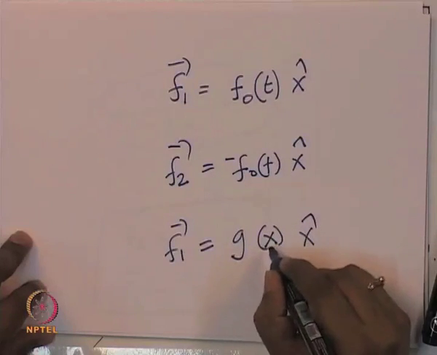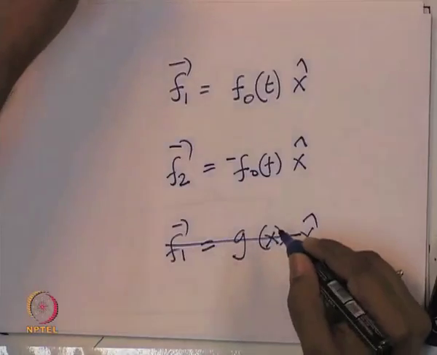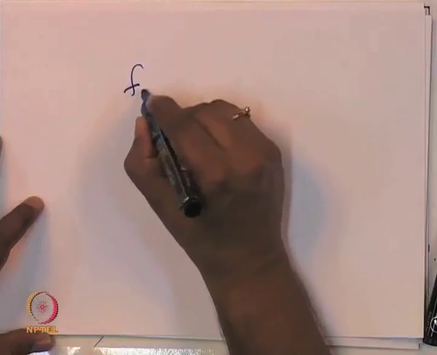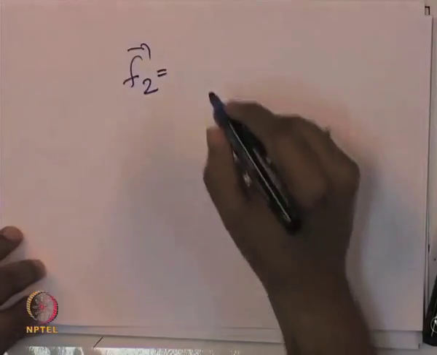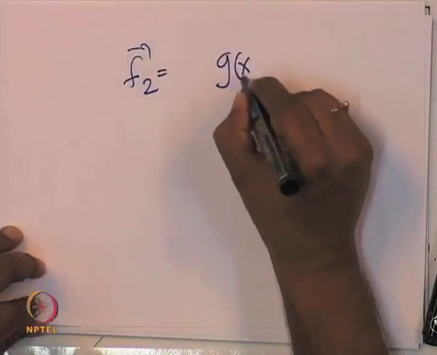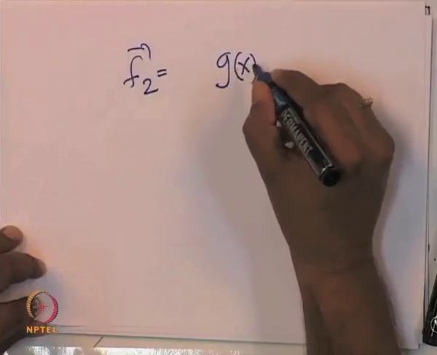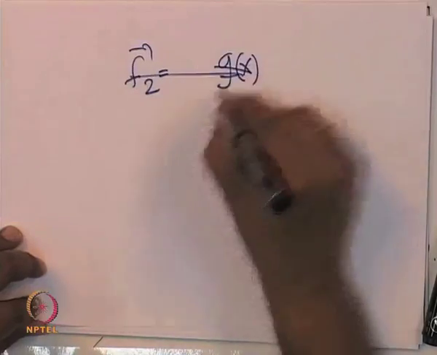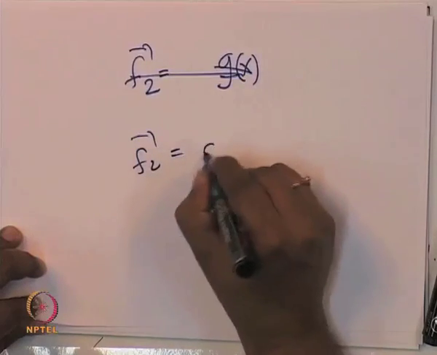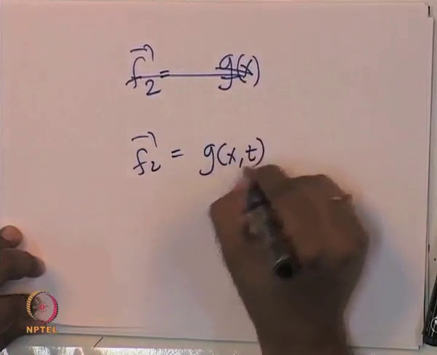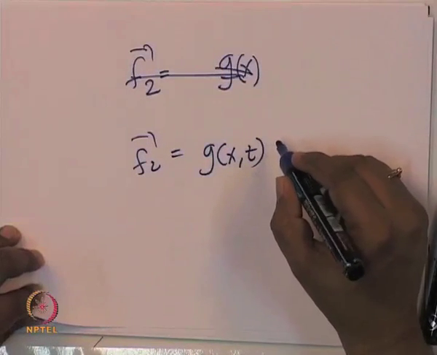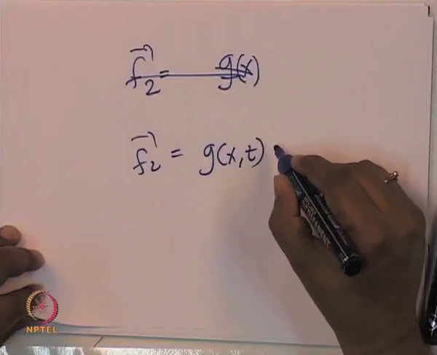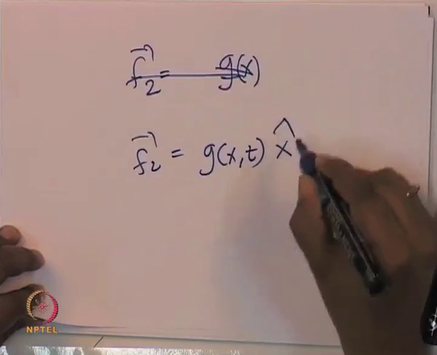So, a little more general, I can write f 2 is g of x comma t. It can depend on both position and time, and you can have it along the x cap.